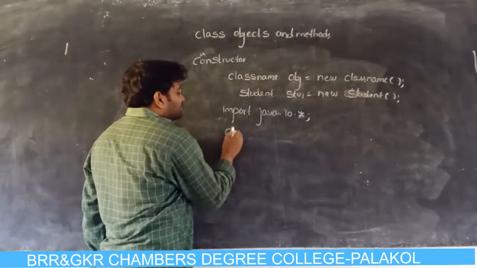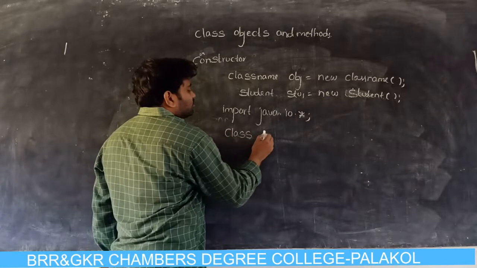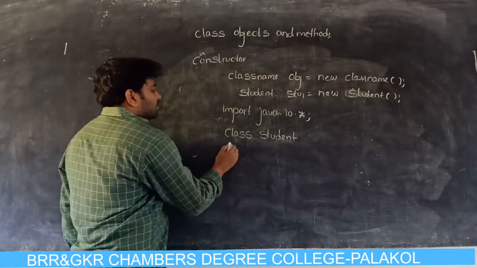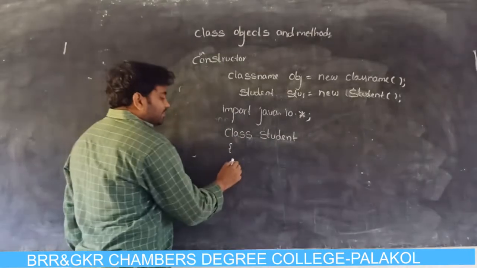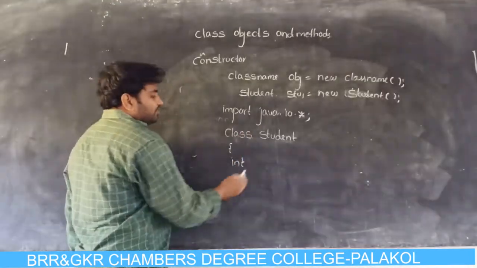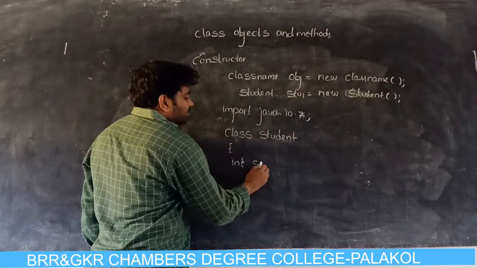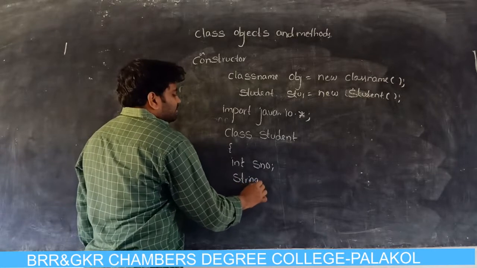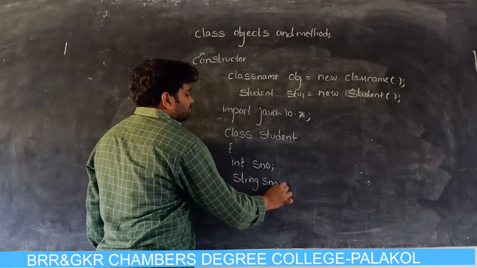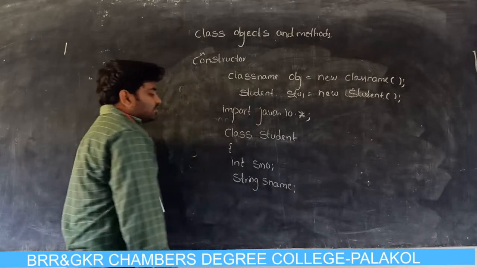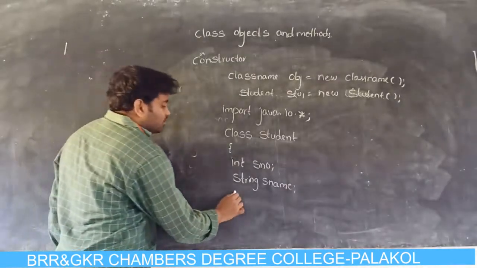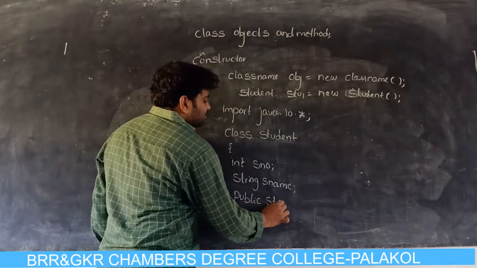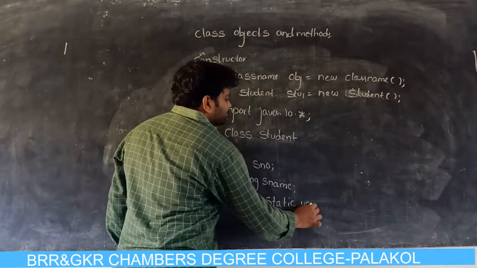The class is equal to student, curly bracket open, int s number, string s name. Okay, next: public static void main.